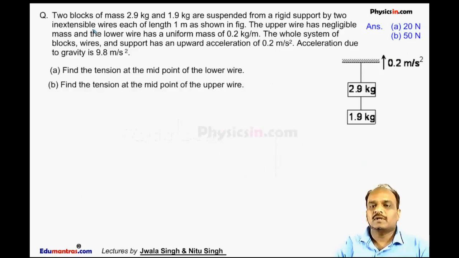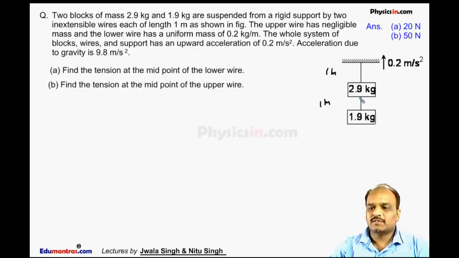Now here two blocks of mass 2.9 kg and 1.9 kg are suspended from a rigid support by two inextensible strings of length 1 meter. This length is 1 meter and this is also 1 meter. The upper string is of negligible mass, but this one is of mass 0.2 kg.